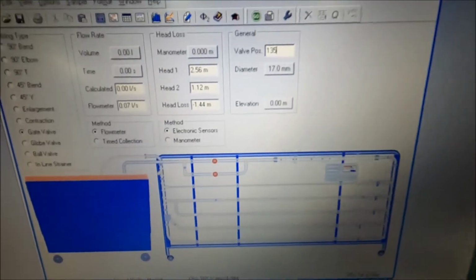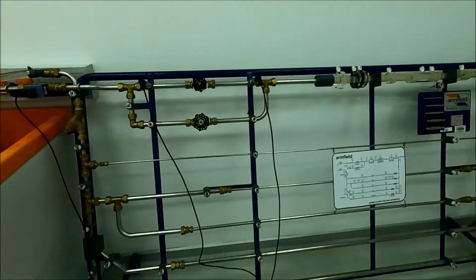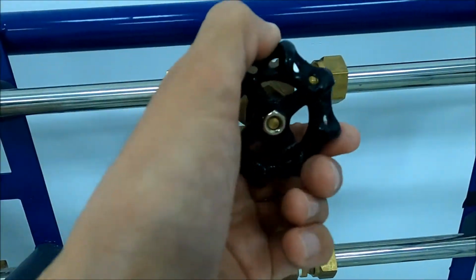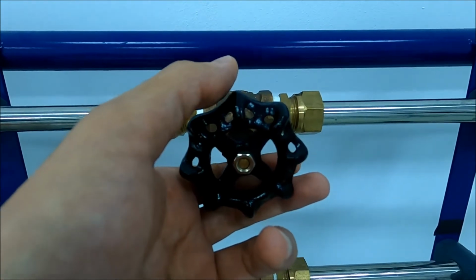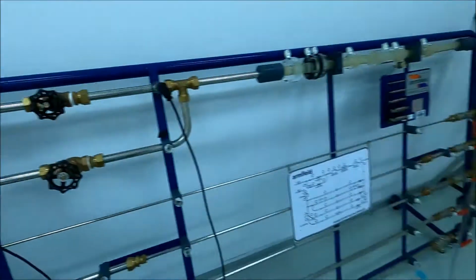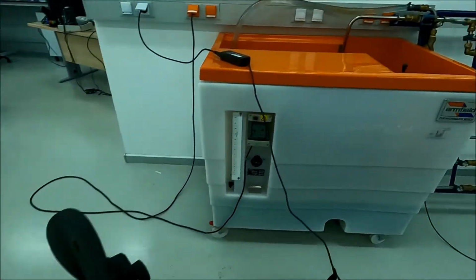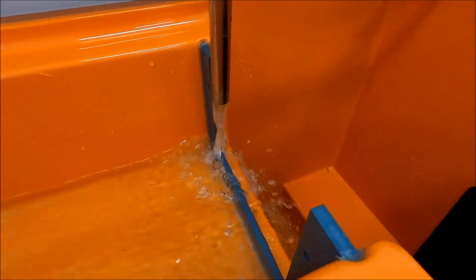Let's move the gate valve here by 45 degrees. Now we see that our flow is increasing.